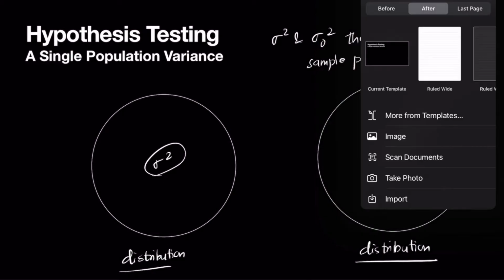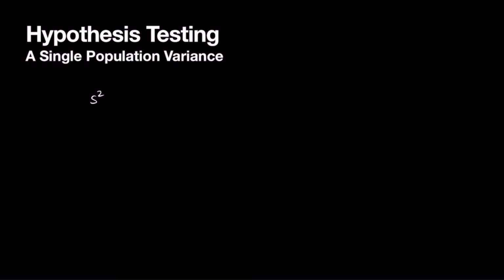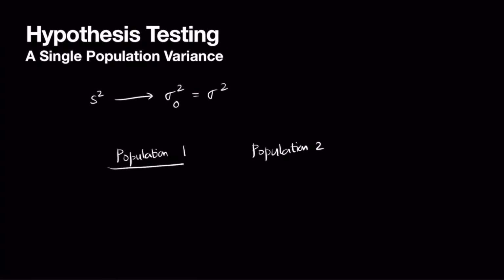We're basically trying to understand whether S square comes from sigma naught square, and whether this sigma naught square is the same as the population variance that we are testing. So we have population 1 and population 2. Population 1 is the one that we are testing. Population 2 is the one where we have a small sample of it with S square. We want to know whether these two populations are the same or different. So this is the basic sense of population variance.